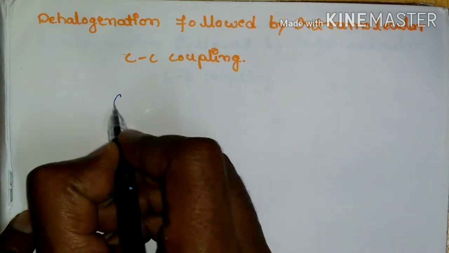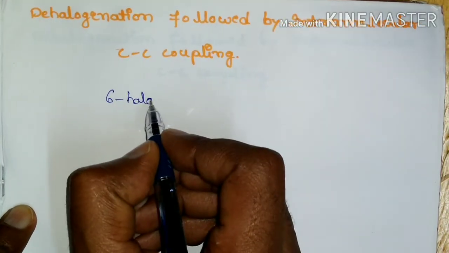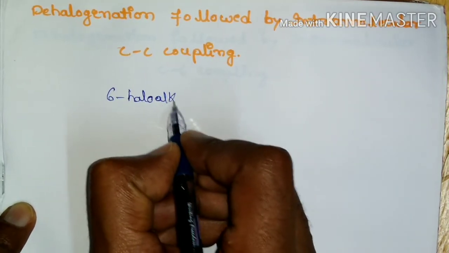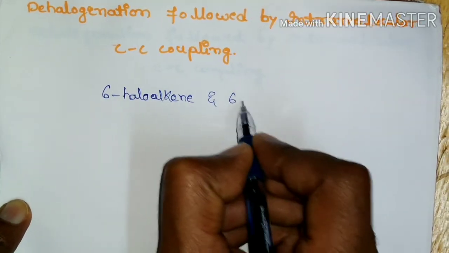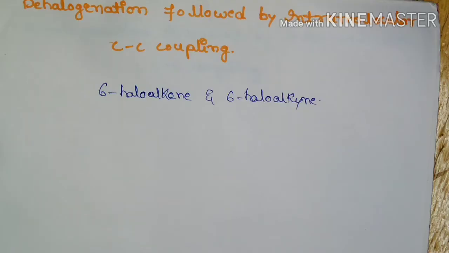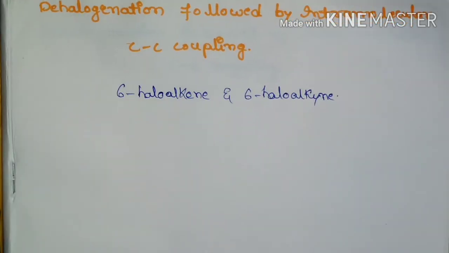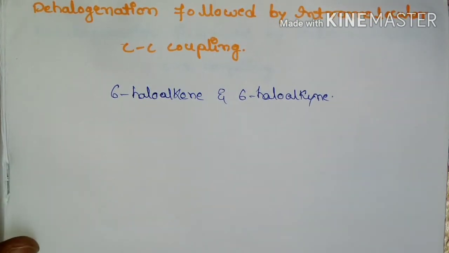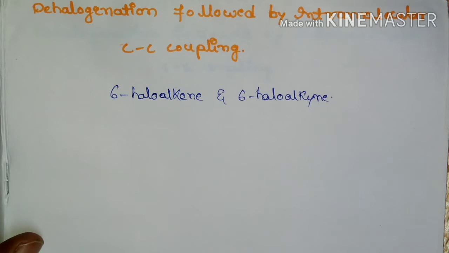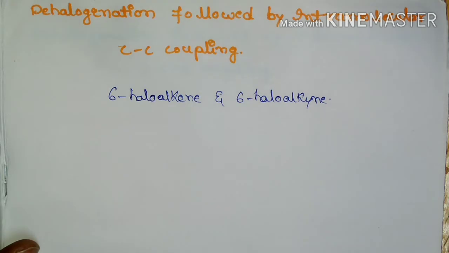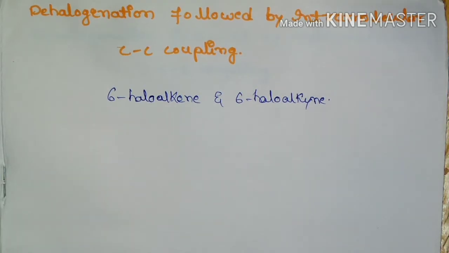It will be observed in the case of 6-halo alkene and 6-halo alkyne. So this 6-halo alkene and 6-halo alkyne will undergo dehalogenation followed by intramolecular CC coupling reaction, and in this reaction a kinetically controlled 5-membered ring will be formed.